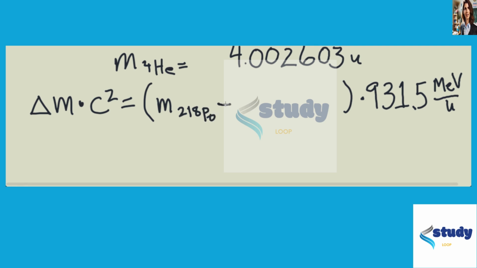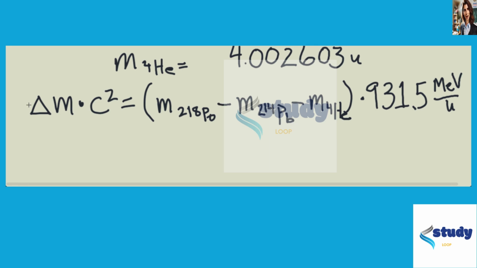We're going to subtract from that the mass of the daughter nucleus, which is 214 lead, as well as the helium atom or alpha particle. Right here we have a change in mass.